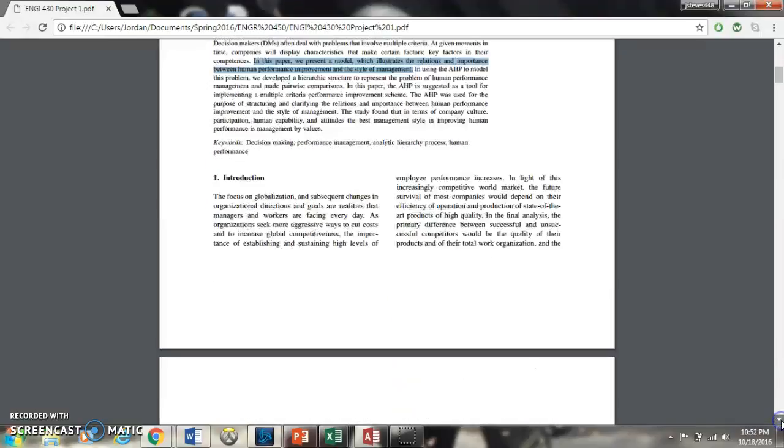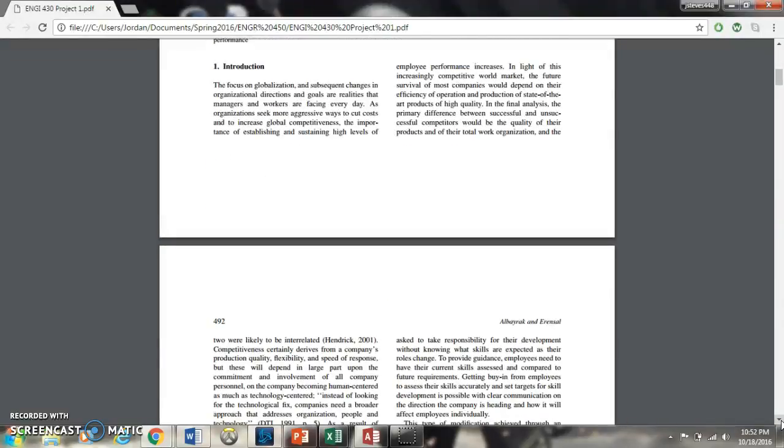So they go into their introduction. They talk about how in the past, in the 1990s, there was a lot of emphasis on technologically centered applications to make things more efficient, more cost efficient, and higher quality.